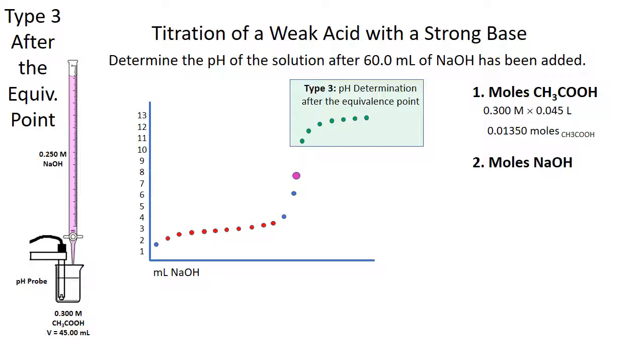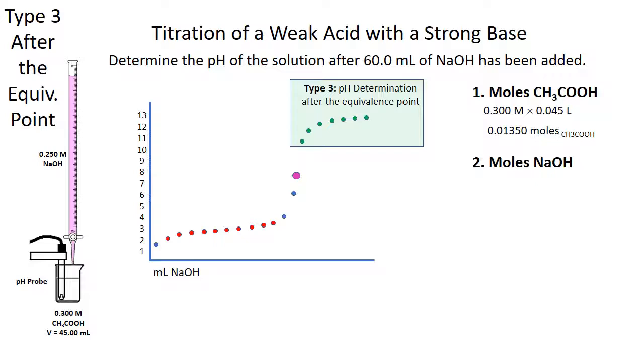Now the number of moles of sodium hydroxide is something that we need to calculate also. Recall that for a type 2 problem, we assumed that the number of moles of sodium hydroxide was equal to the number of moles of acetic acid present. That's the definition of what goes on at the equivalence point, but we are beyond that now. We actually need to know how many moles of sodium hydroxide we have added when we pour in 60 milliliters.